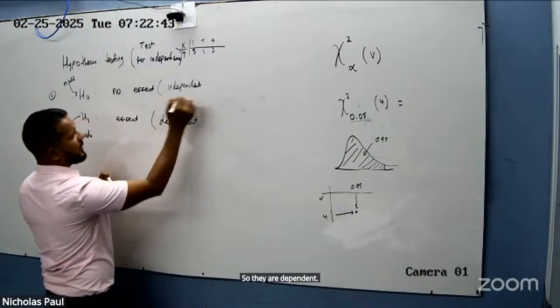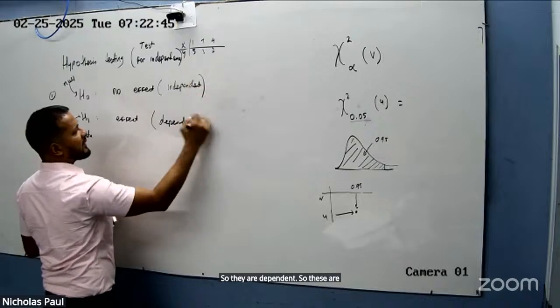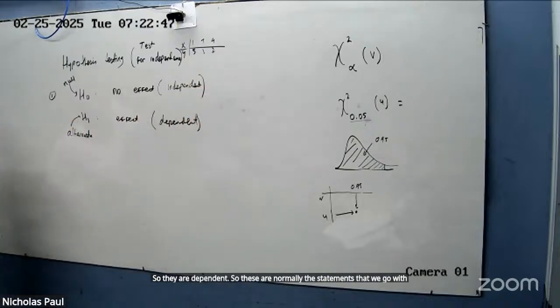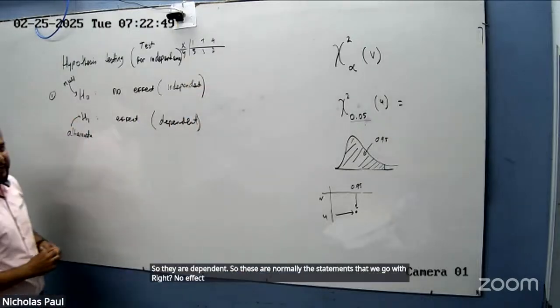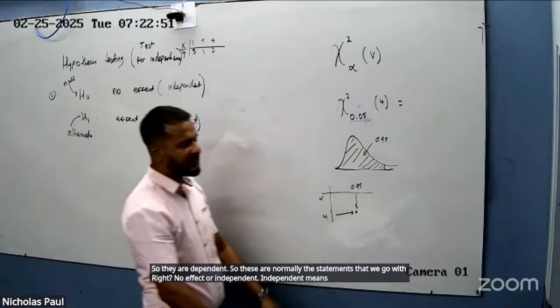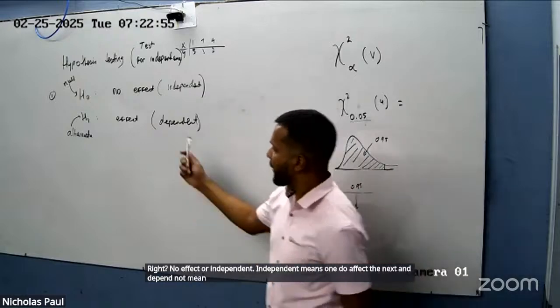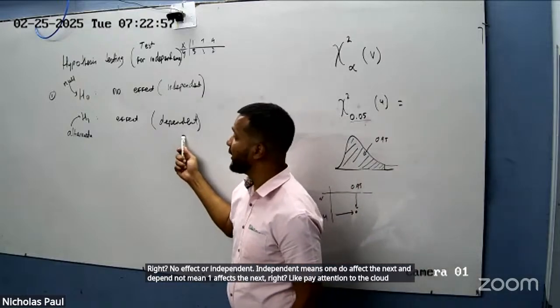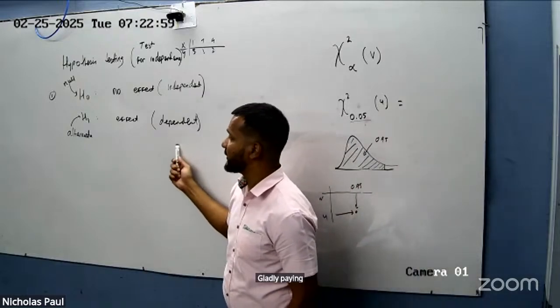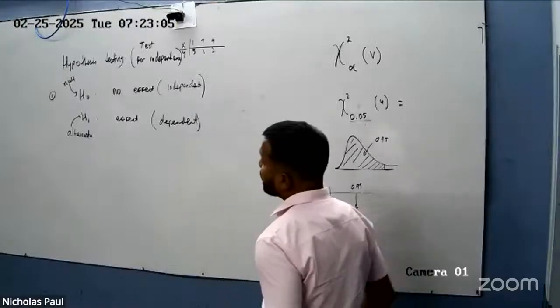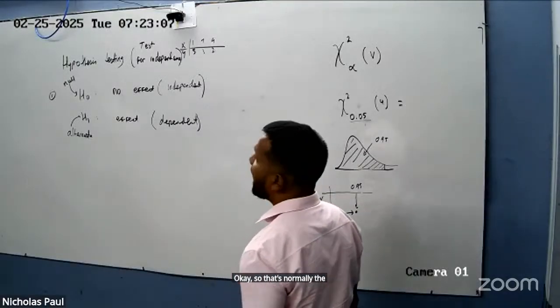So these are normally the statements that we go with. Right? No effect or independent. Independent means one doesn't affect the next, and dependent means one affects the next, right? Like paying attention in class, Bradley, paying attention in class. Yeah, sir. Right? Okay, so that's normally the way we set these hypotheses up.